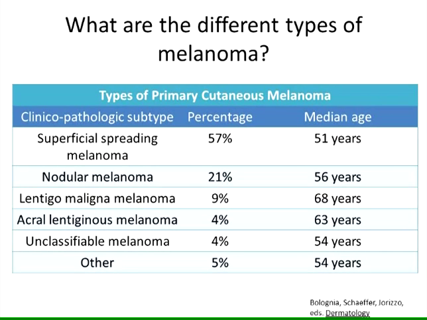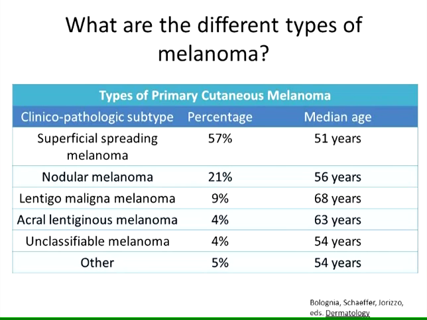The different types of melanoma may present at different times in one's life. By far the most common is the superficial spreading melanoma. We'll look at some pictures to give you an idea of what this looks like, but it accounts for the great majority of melanomas and tends to present a little bit earlier in life, closer to the 50s.